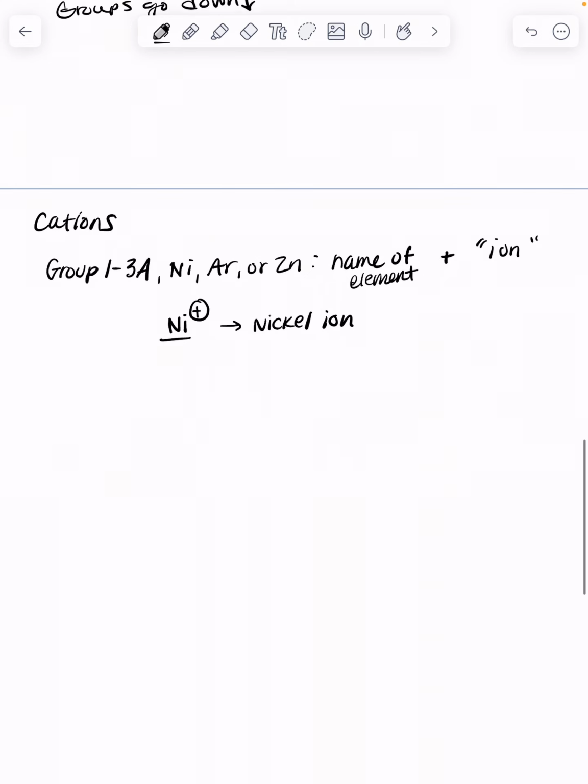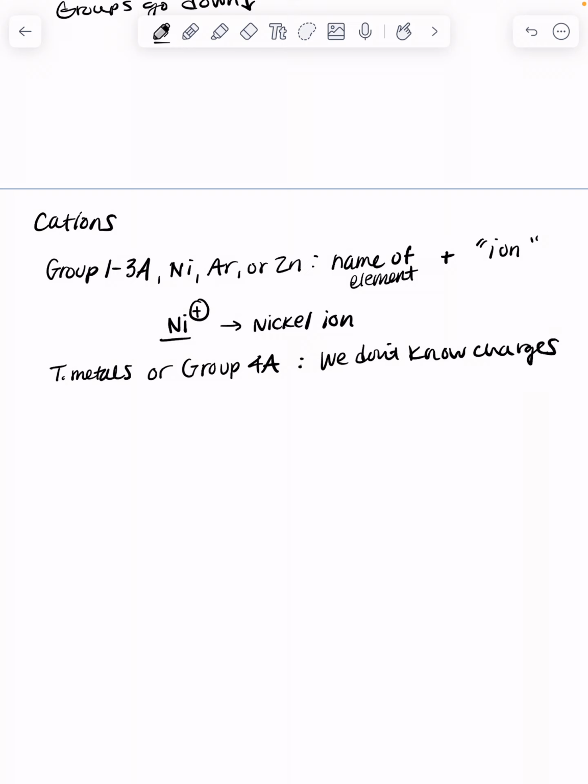Easy enough, right? So the next would be the transition metals, which I'm abbreviating as T metals, or your group 4A elements. These are a little different because we don't know the charges. They can change. There are many different isotopes. We do our best to name them.